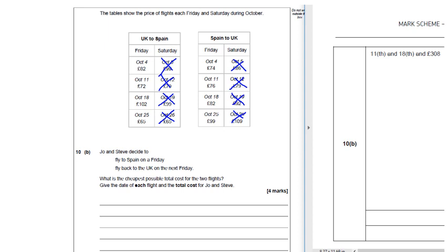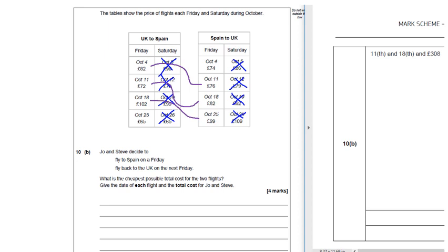Now, if we fly on the 4th, we would return on the 11th. So if we go on the 11th, we'd return on the 18th, that one. So we can't work a price out for that one. Okay.